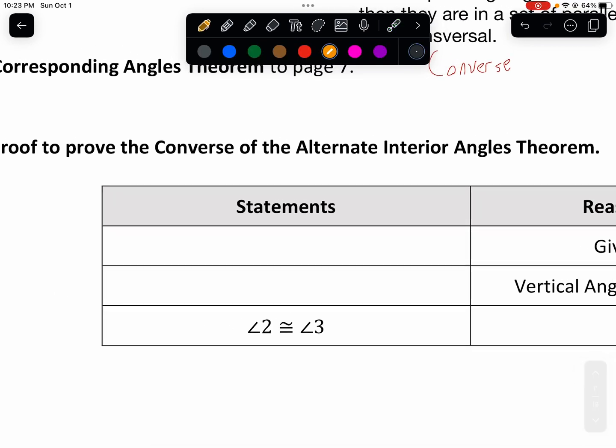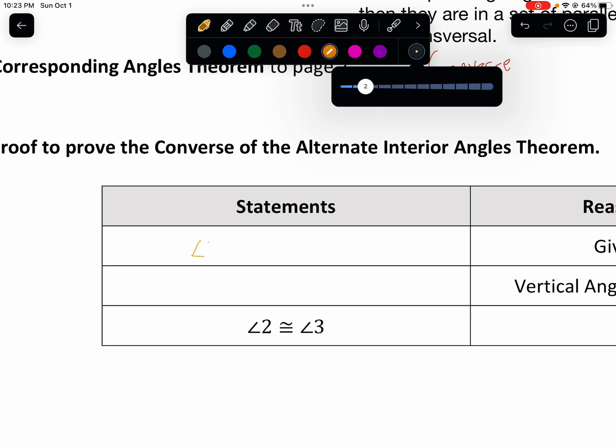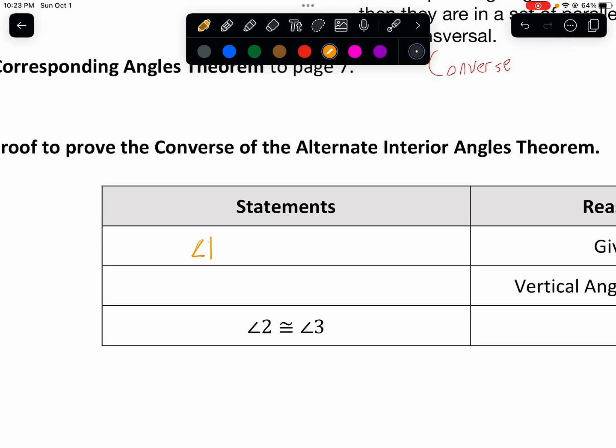Given, we're going to say angle 1. Oh, let me make this back to its original thickness. Angle 1 is congruent to angle 2. All right. And then statement number 2, angle 1 is congruent to angle 3. Okay. Now take a look at those two statements. Remember, a proof is a logical reasoning step.